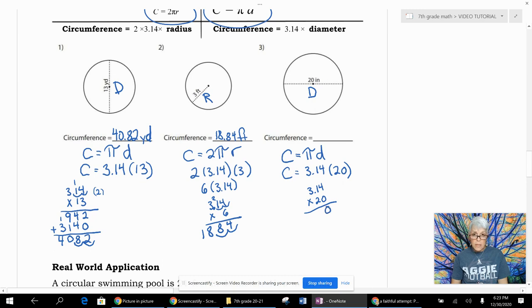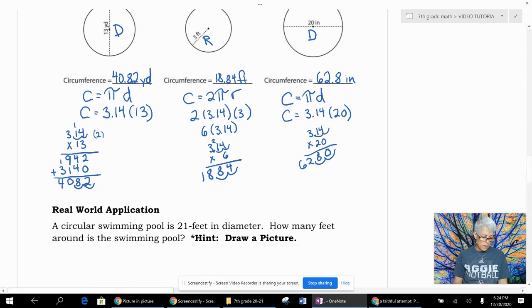That 0 is a placeholder. 2 times 4 is 8. 2, 6. 2 decimals over. 62.8. And I'm not going to put the 0. If you want to put the 0 on the back, you can. It's correct either way. 62.8 inches. All right, moving on.